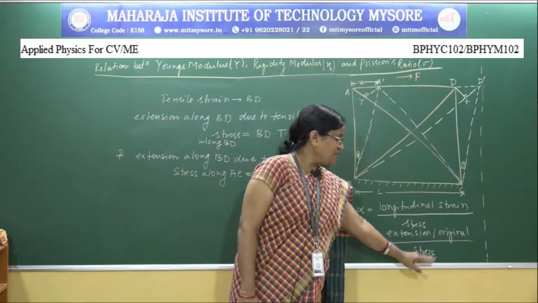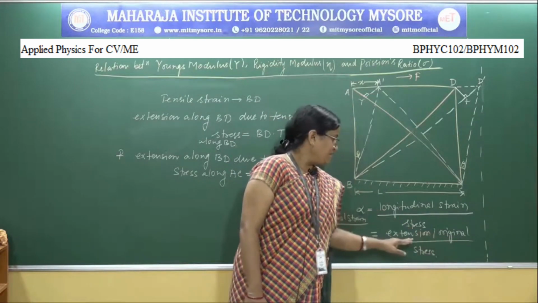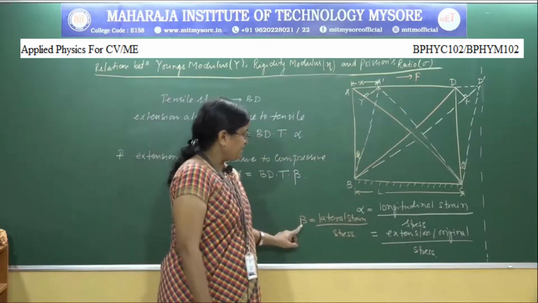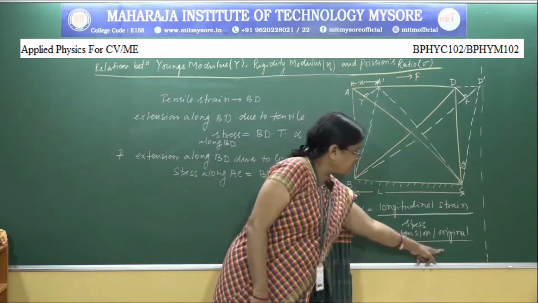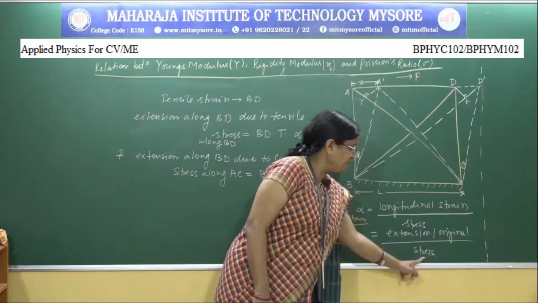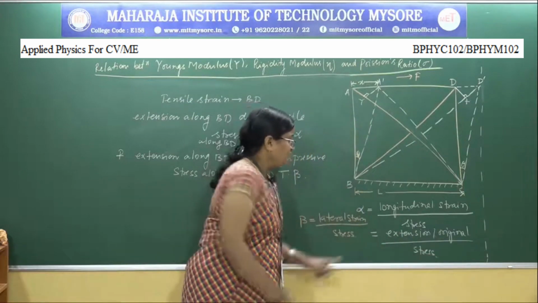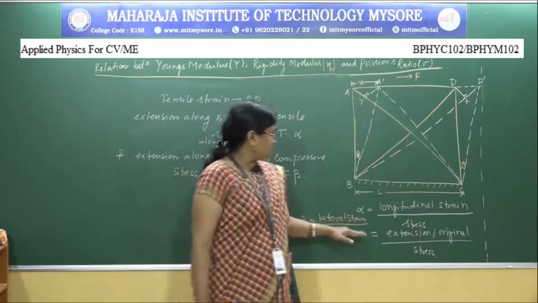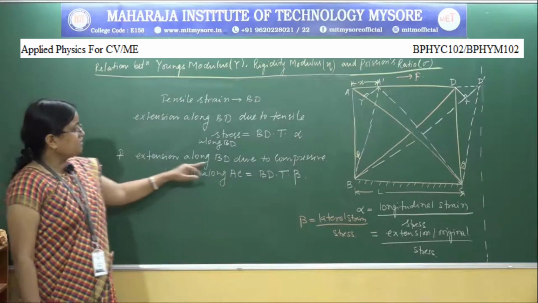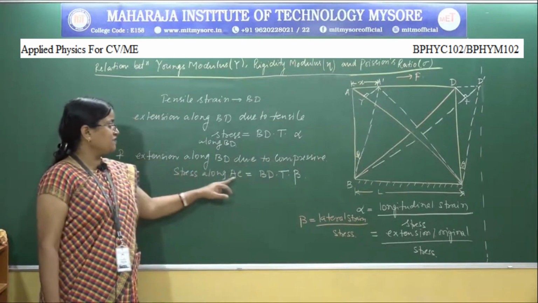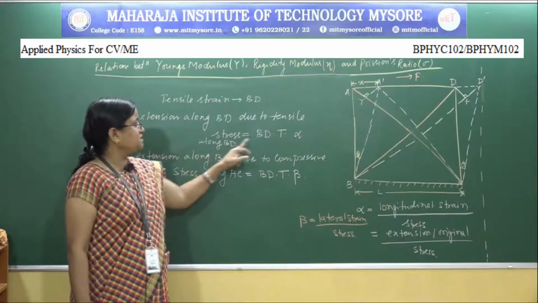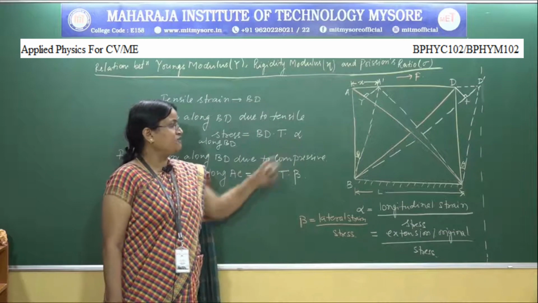Stress is T, original is BD, and the compression we have to find out. BD will come to the numerator, so BD into T into beta gives you the lateral strain. So we get extension along BD due to compressive stress along AC is BDT beta, and extension along BD due to tensile stress is BDT alpha.